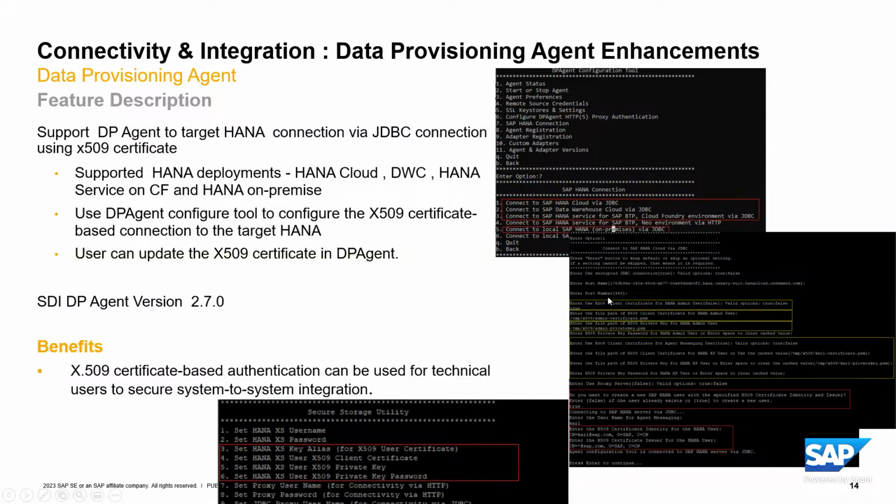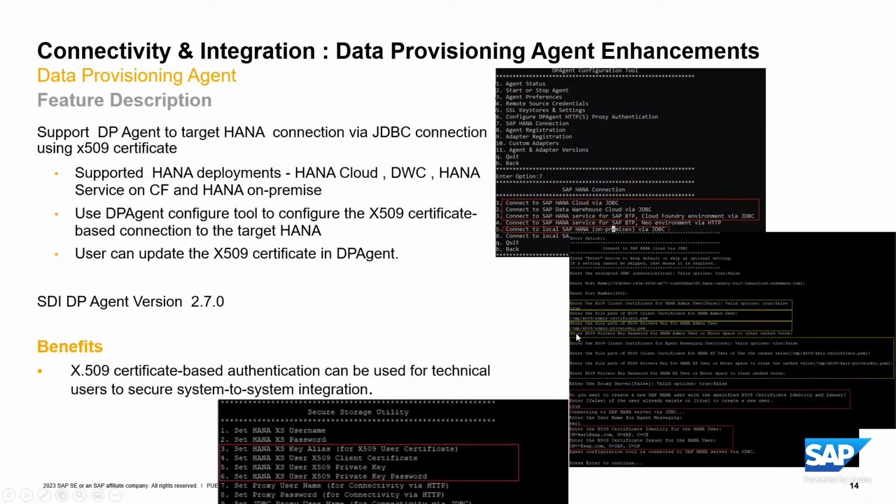There are certain prerequisites before you use this X509 certificate-based authentication. In order to get the X509 certificate for the HANA user, you need to contact your administrator. If you need the HANA admin X509 certificate, the admin user X509 certificate needs to be used.